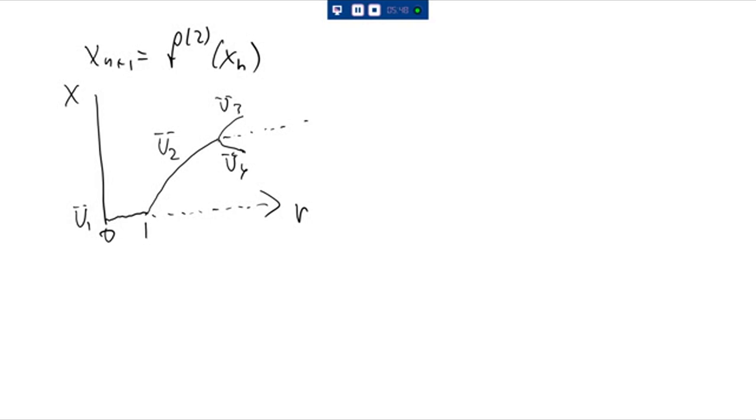You can check that when r equals 3, u2 equals u3 equals u4. This is evident from the formula we derived last time.